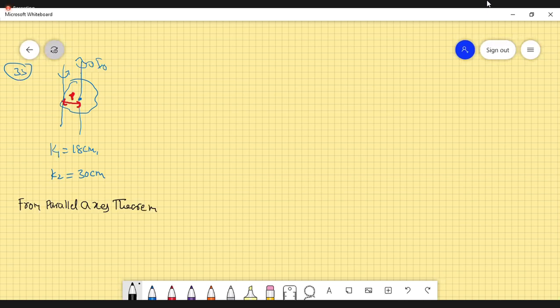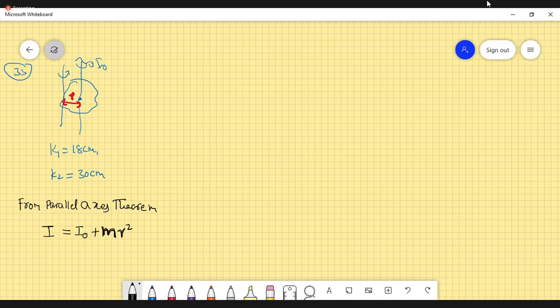See, the moment of inertia about any axis which is parallel to the axis of rotation passing through the center of mass: I equals I naught plus total mass into distance square, where the distance is between the two parallel lines.